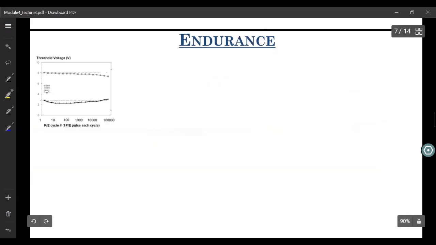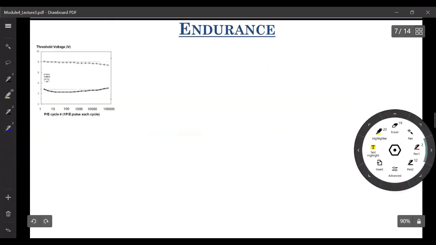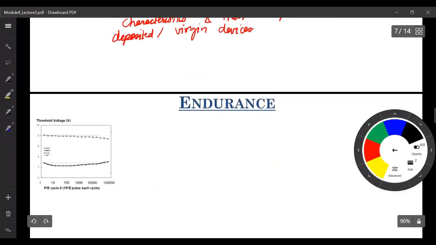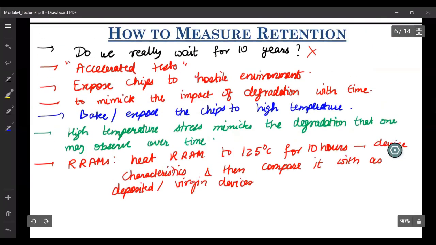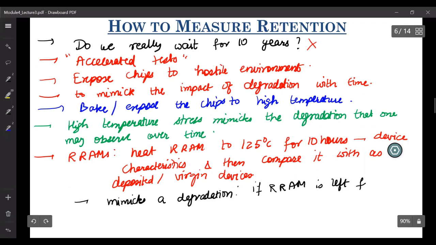Heating RRAMs for a period of 10 hours at 125 degrees Celsius mimics a degradation that one would see if the RRAM is left for 10 years.